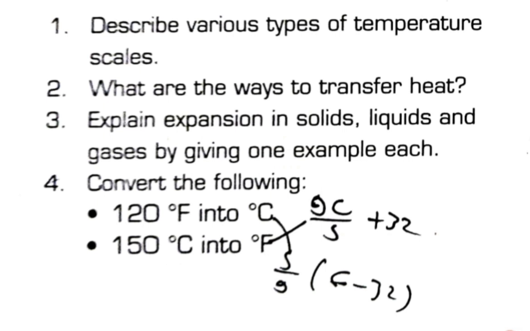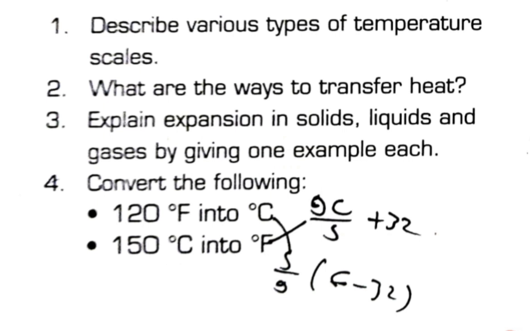So, answer with explanation: 120 minus 32, multiplied by 5 by 9. First subtract 32 from 120 and you will get 88, and then multiply by 5 by 9. Finally you will get 440 by 9 degrees Celsius, and on changing into decimal it will be 48.89 degrees Celsius.